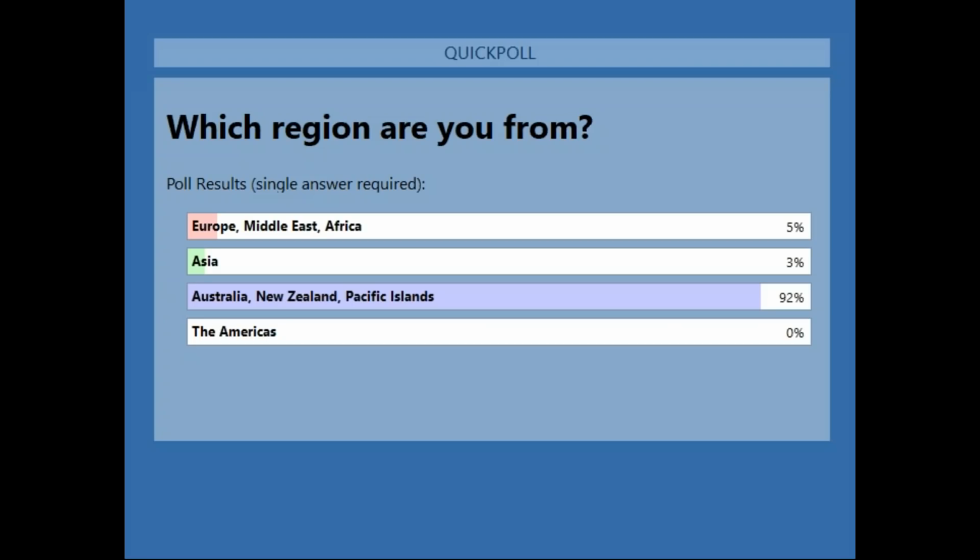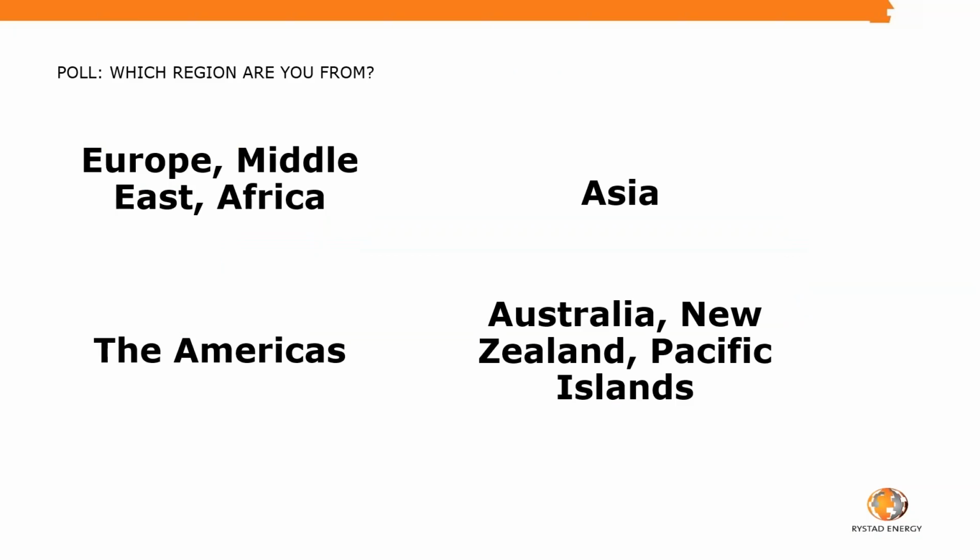So let's see indeed if the Australians are the predominant people present. I think you are able to see the results now, David, aren't you? Yeah, so 92% Australia and 8% covering Europe, Middle East, Africa, and Asia. So thank you to all those who are attending, and particularly to those waking up early in Europe. I understand it's very early over there.